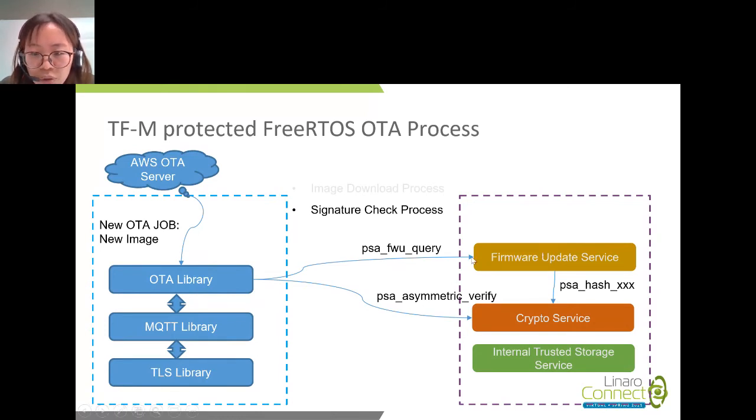So the signature check process ensures that the image truly comes from the AWS OTA server, and also that all the data blocks of the image are downloaded to the right address in the staging area.